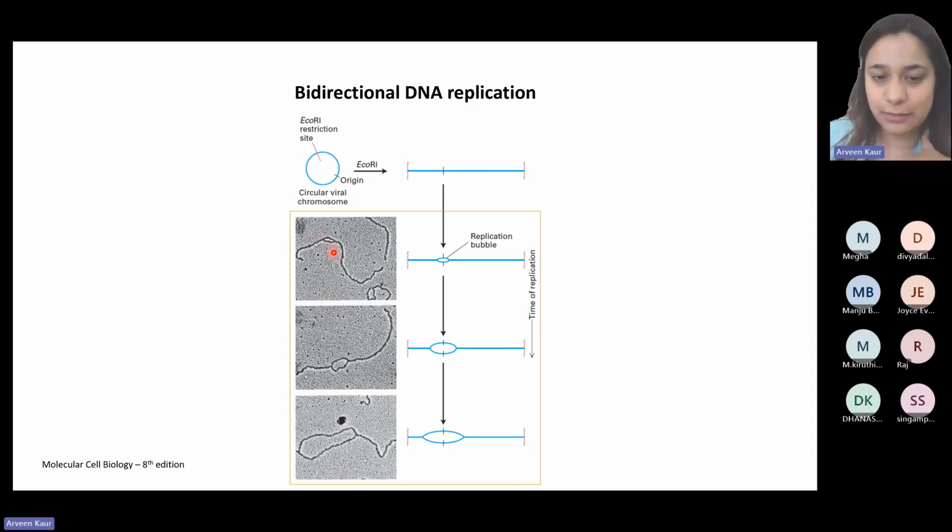So you can see that there was a replication fork that arose, and it is a bidirectional replication that is taking place, that is, on both sides of the replication bubble. It will keep extending, right? And you can see in the third electron micrograph that it has extended a good enough amount, right? So that is how the DNA replication will occur over here.